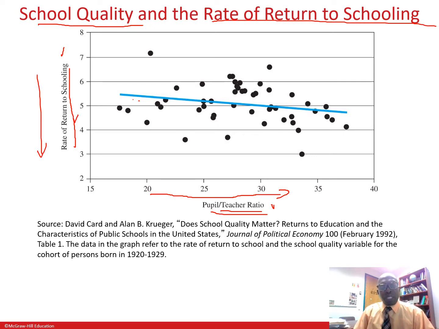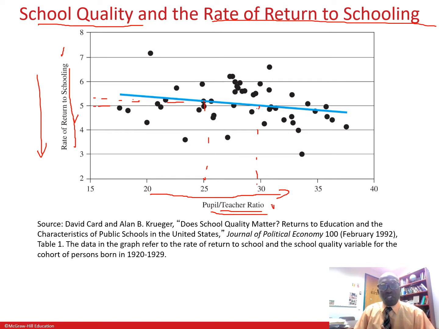For instance, on average, if the class size was about 25, the rate of return was about 5.2%. If the class size is 30, the rate of return is only 5%.